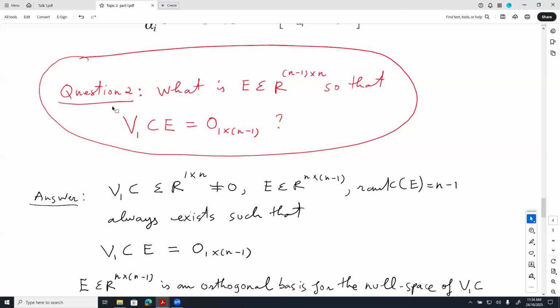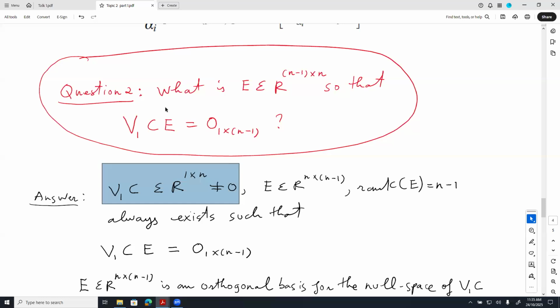The answer for that is very straightforward, actually. What happens in here is when we have V1 times C, it is actually a row matrix. It's basically picking a row of the output yi measurement. And so this one is a row matrix. It is non-zero.